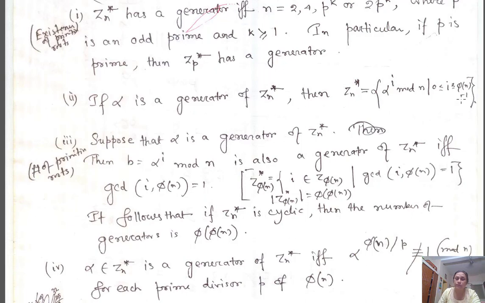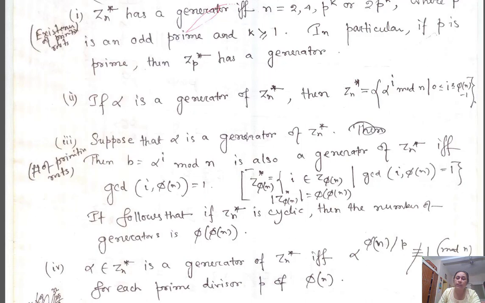Now, if you know one generator, that is, if you know alpha is a generator of Zn star, or a primitive root modulo n, what are the other generators? By this formula you can determine.